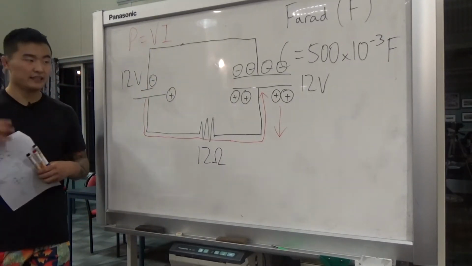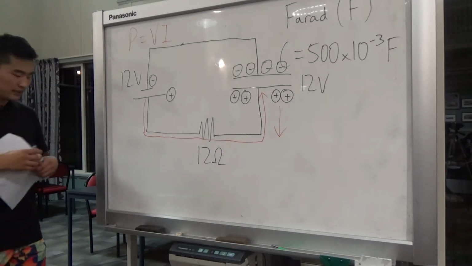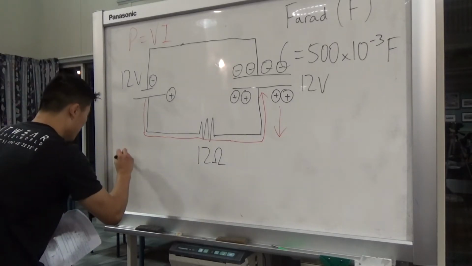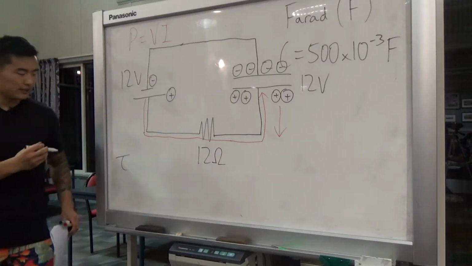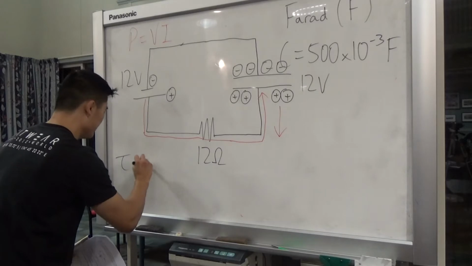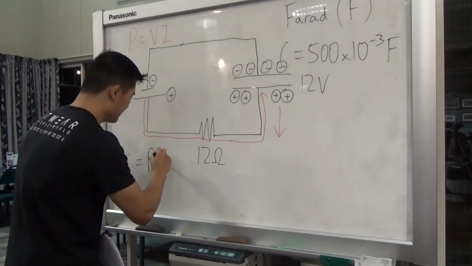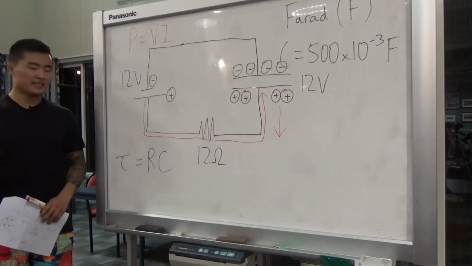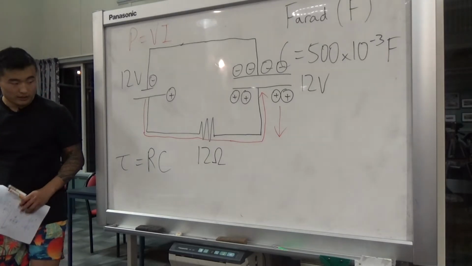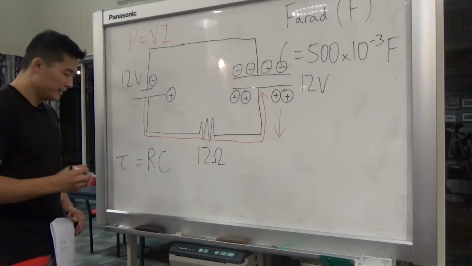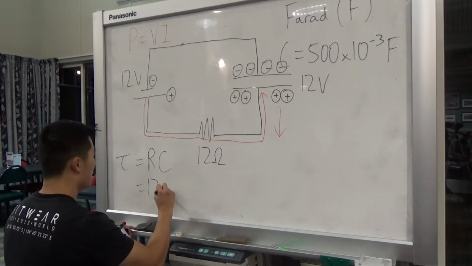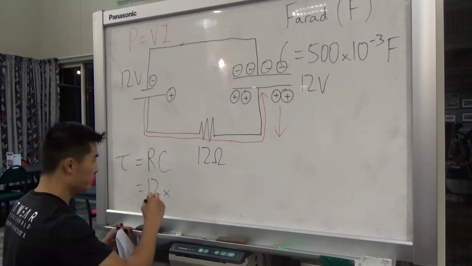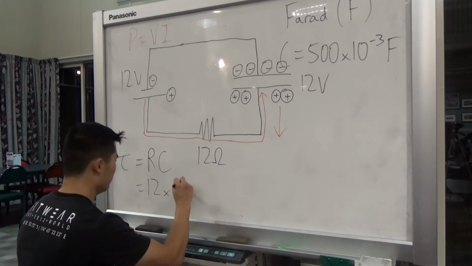The way you do that is to calculate the time constant. Your time constant is given the symbol tau, like torque. The time constant is equal to resistance times capacitance, so RC. Our resistance here is 12, so 12 times 500 times 10 to the negative 3, which is 0.5.